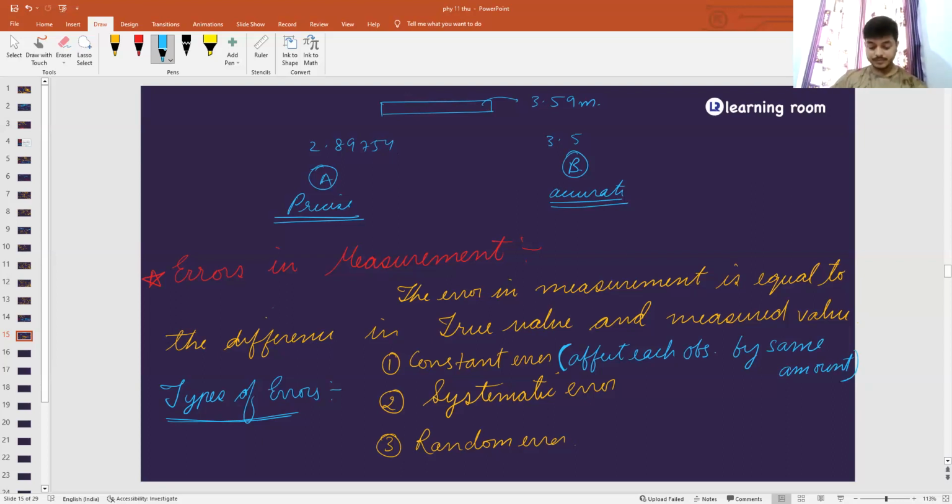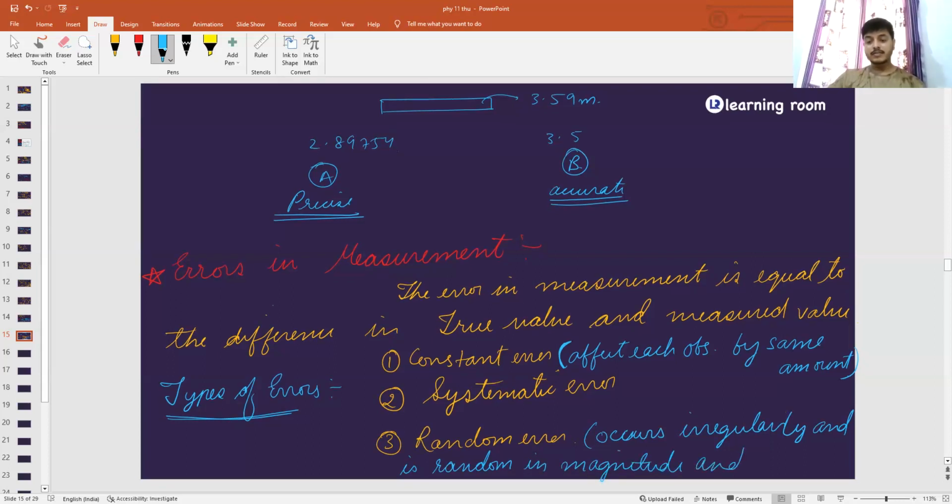Random error: occurs irregularly, and is random in magnitude and direction. It can happen anywhere, any magnitude, any direction. Systematic error, I'll define on the next page. Write it down fast.